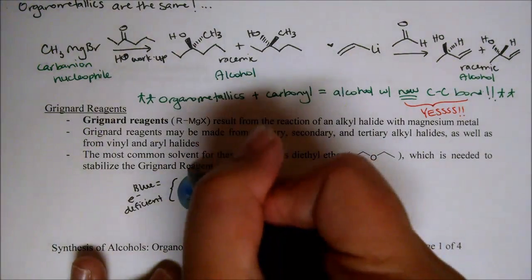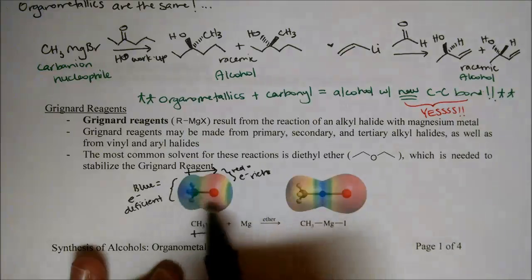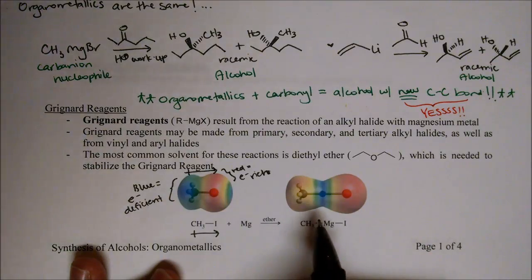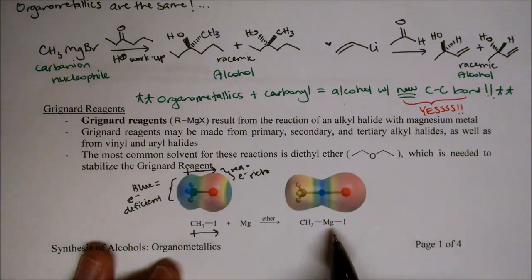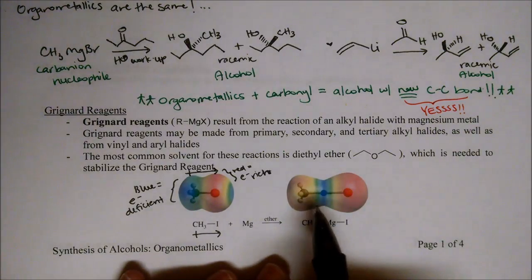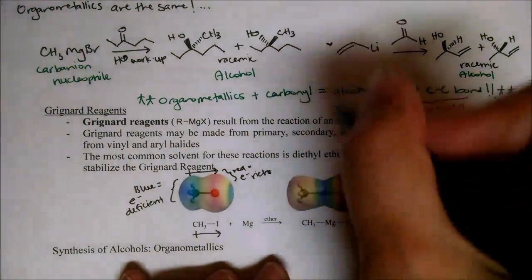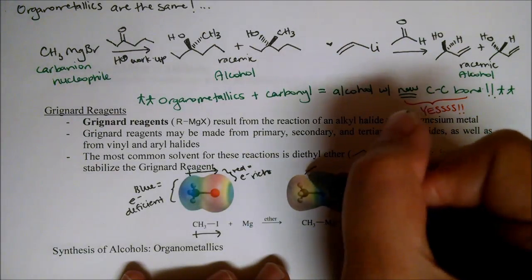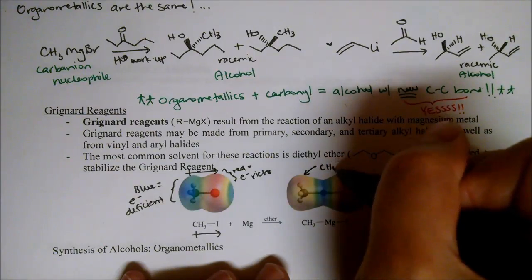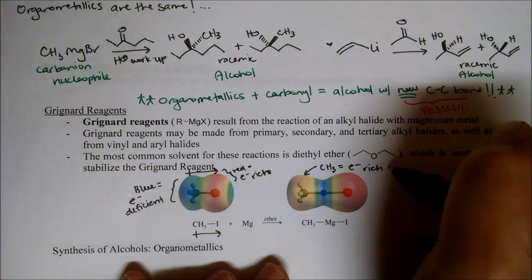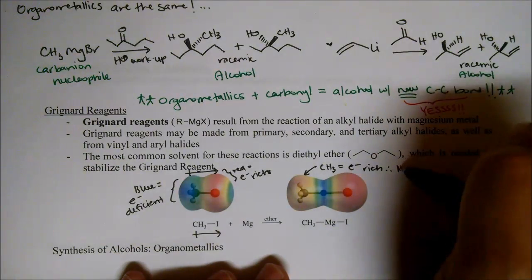We can see all the electron density is around the iodide. However, as soon as we throw in magnesium and make CH3MgI, our methyl Grignard, you can see it's not quite red, but it is more electron rich. It's definitely not blue. So here we can see that the CH3 is electron rich, and therefore it is a nucleophile.